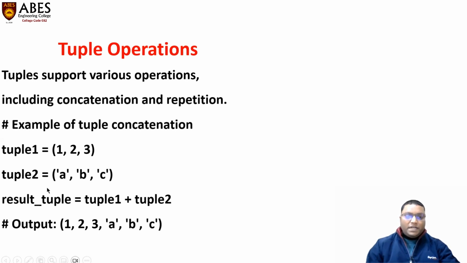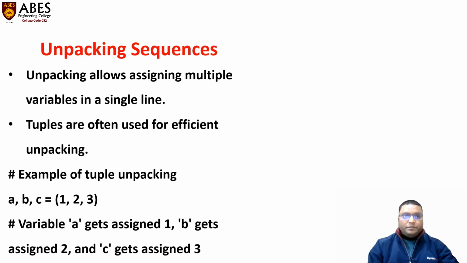If we want to concatenate tuple1 and tuple2, then we can store the result in a new tuple named result_tuple, using the plus operator. This operator is used for concatenation, and after concatenation, the result tuple will include all the elements present in tuple1 and tuple2, as we can see in the output. So this is very simple logic.